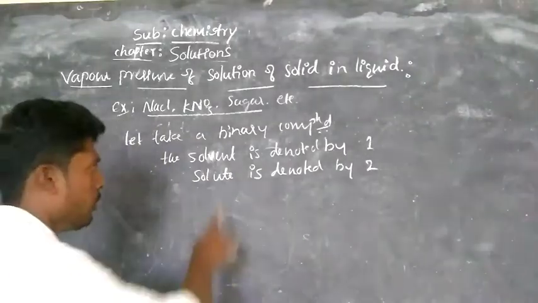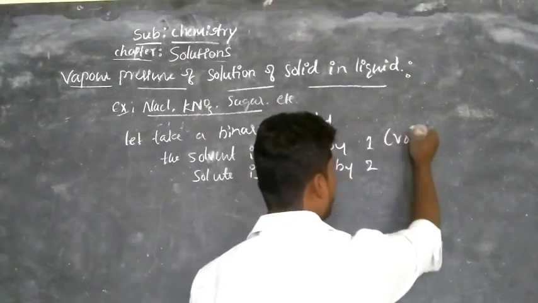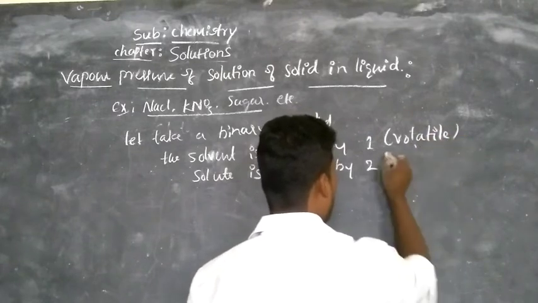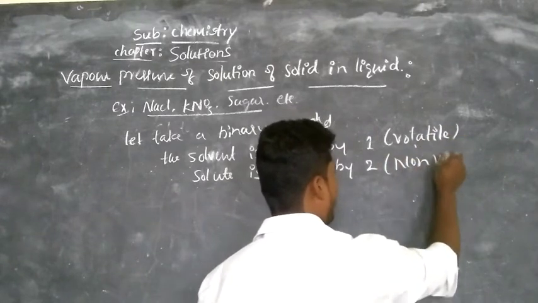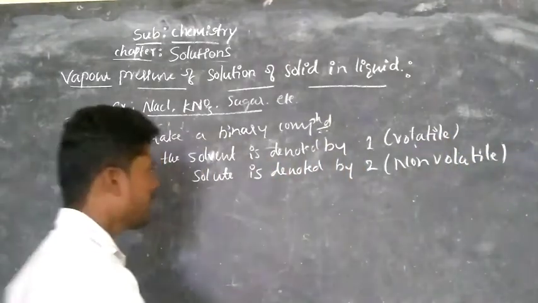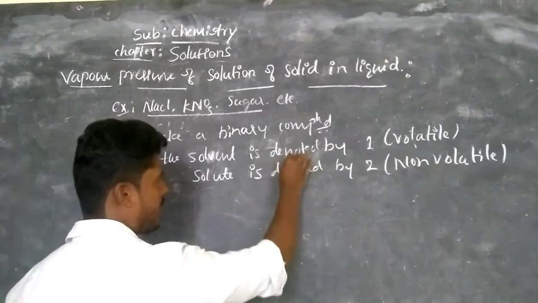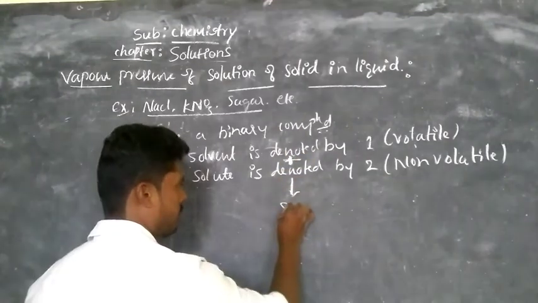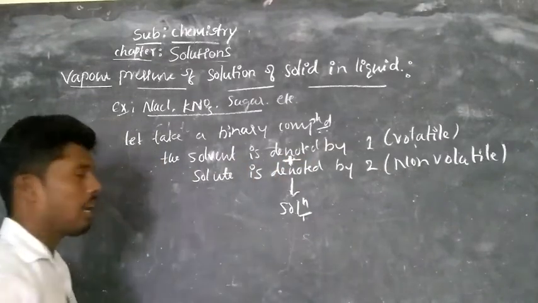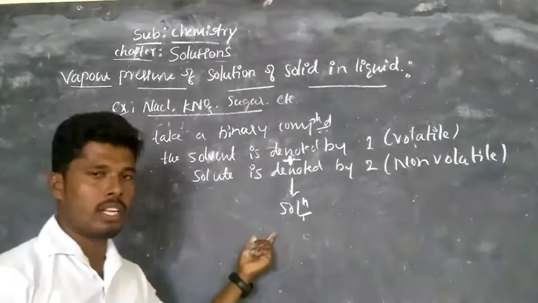Okay, now the solvent is volatile and the solute is non-volatile. So after mixing these two, what do you get? A solution. After mixing the solvent and solute, you get a solution.